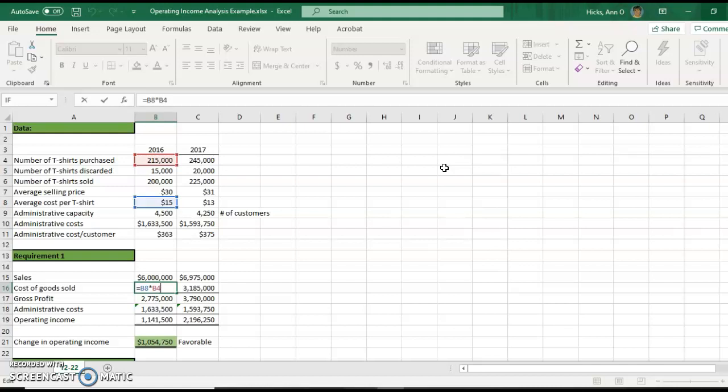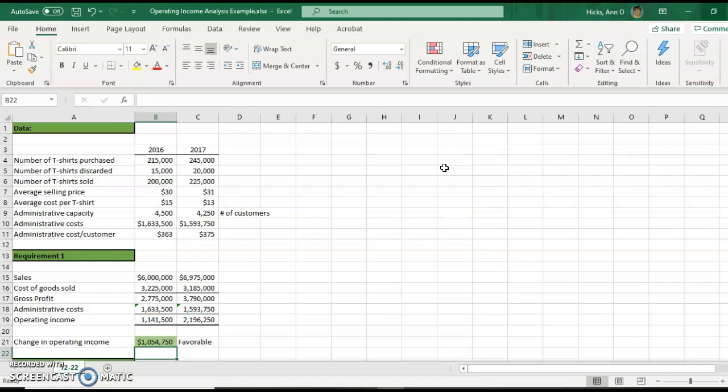Notice that they are folding the defective costs into cost of goods sold. Gross profit is the difference between those two. Administrative costs were given to us. And then, of course, operating income is just the difference between gross profit and administrative costs. So we come down to operating income for both 2016 and 2017, and then we see that there is an increase in operating income of $1,054,750.